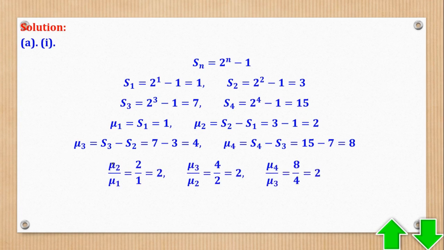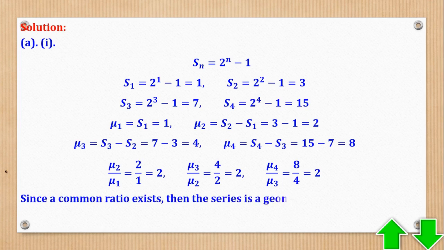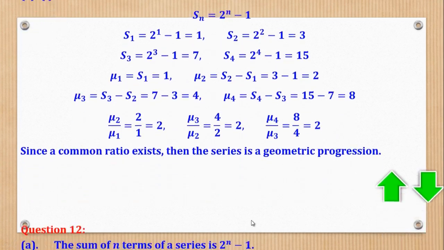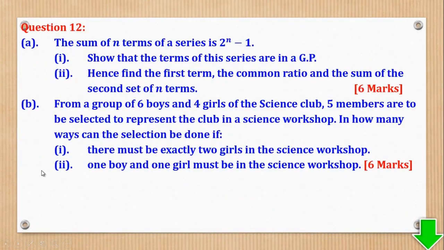So now I can say that the ratio of the second to first is 2, ratio of the third to second is 2, ratio of the fourth to third is 2. That means that because there is a common ratio, then the series is a GP. So that was Roman 1.